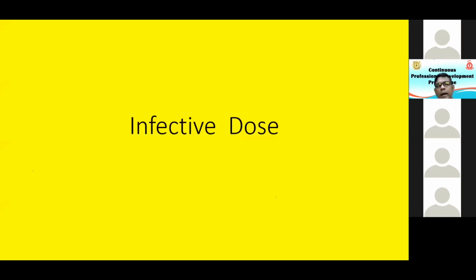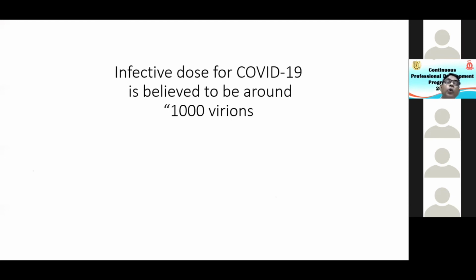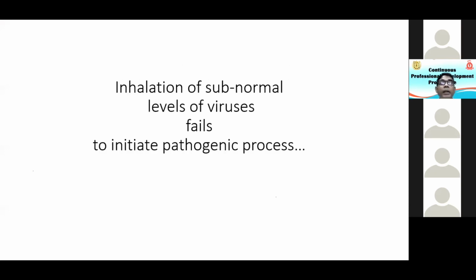The other concept that I'm going to talk about is infective dose. The infective dose is the number of virions required to initiate the infection process. For COVID-19, it is believed we need around 1,000 virions to establish or initiate the disease. If you inhale subnormal levels of virus, that is less than 1,000, the disease won't progress.